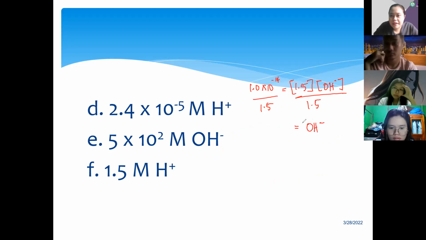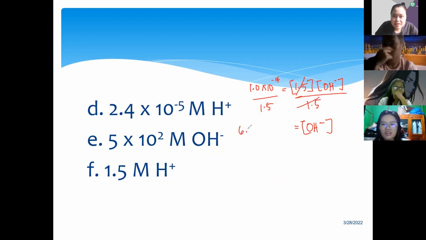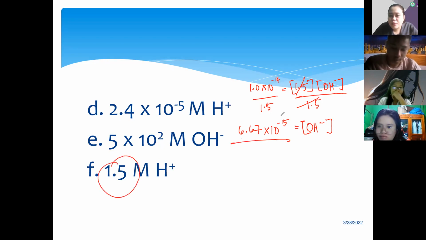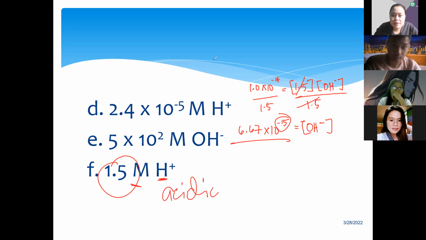So the concentration of the hydroxide ion here, 1.0 times 10 raised to the power of -14 divided by 1.5 is 6.67 times 10 raised to the power of -15. And just by looking at this, this one is a whole number. This one is with a negative exponent. So definitely this one is larger. So letter F is also acidic.